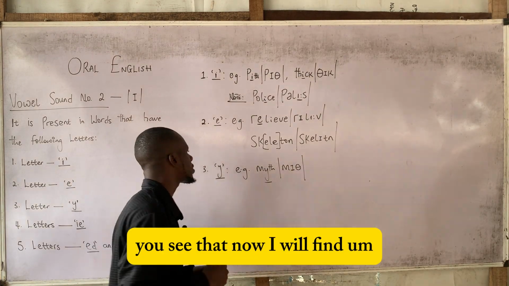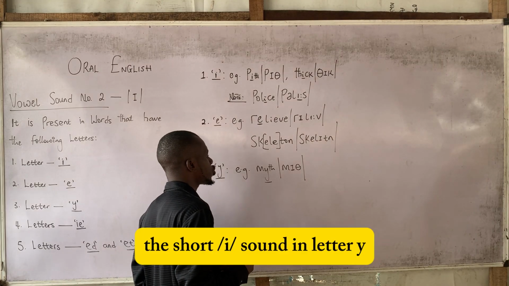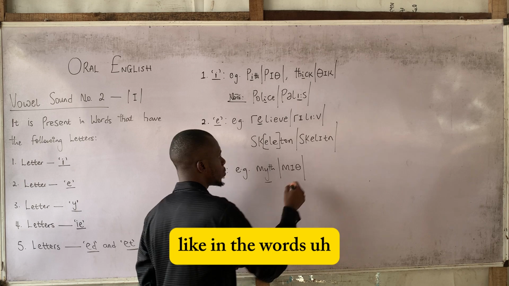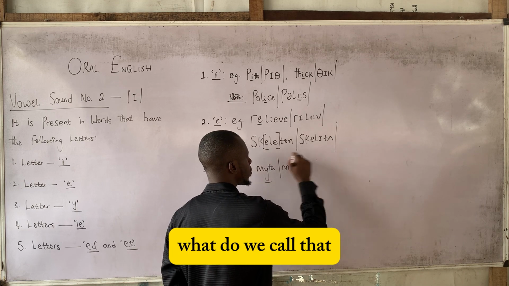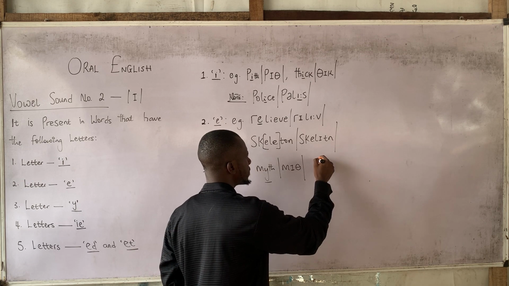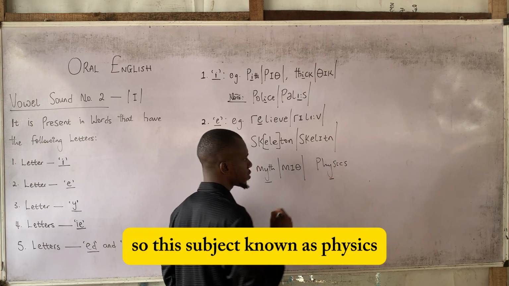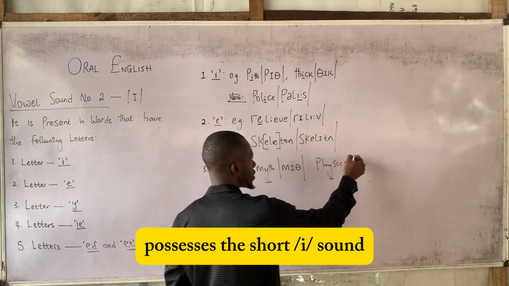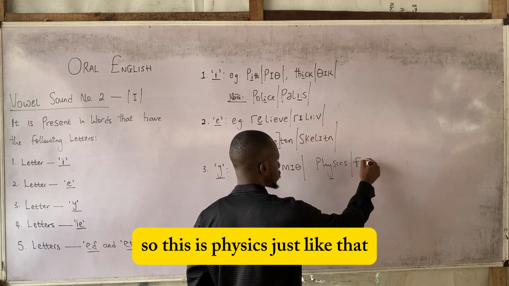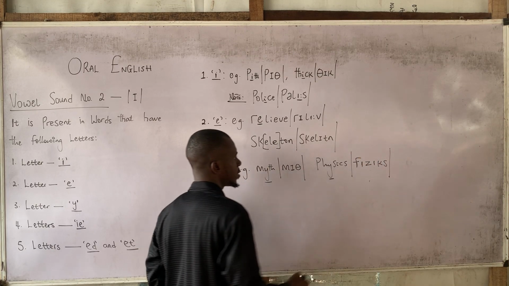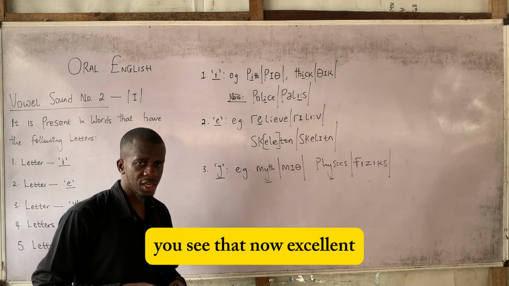I will find the short E sound in letter Y, like in the word physics. Yes, this subject, known as physics, possesses the short E sound. So this is physics, just like that. You see that now? Excellent.